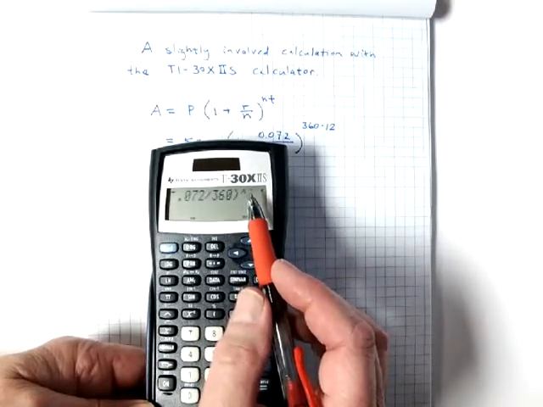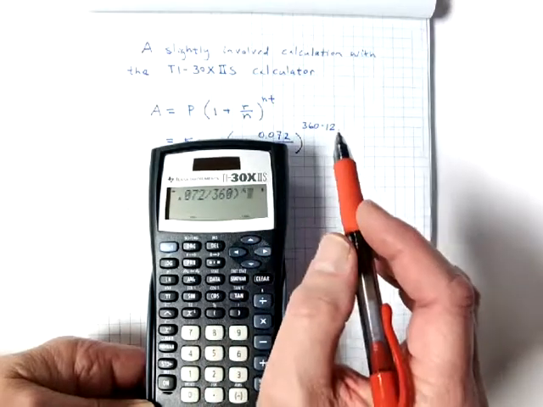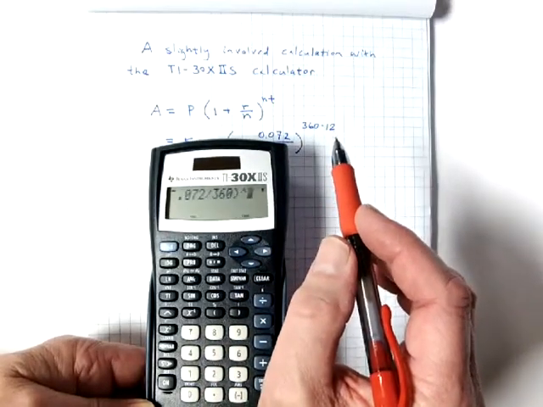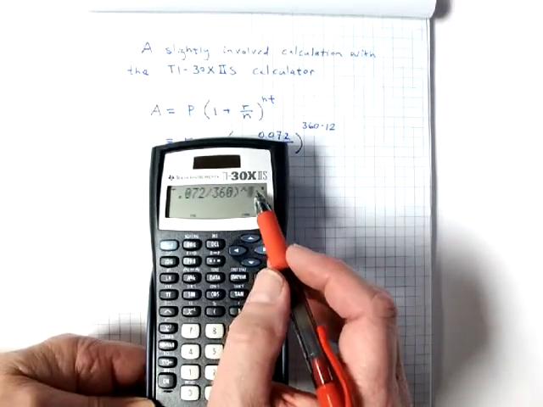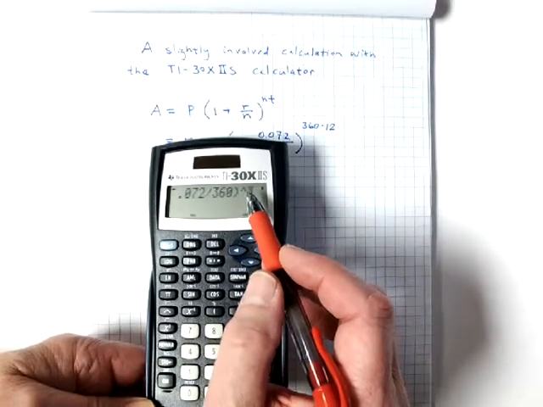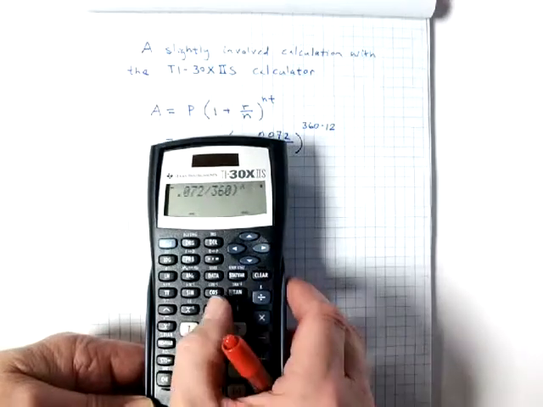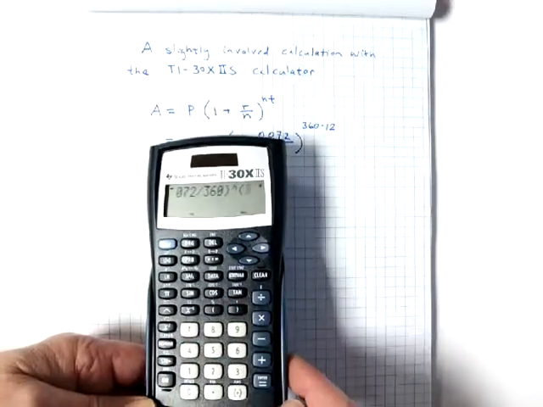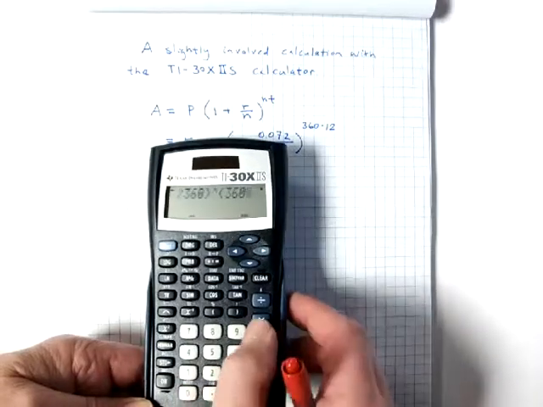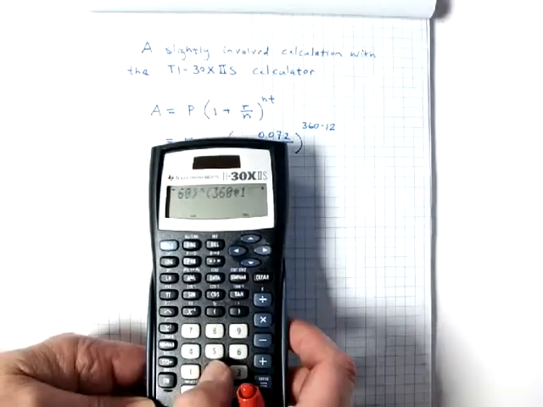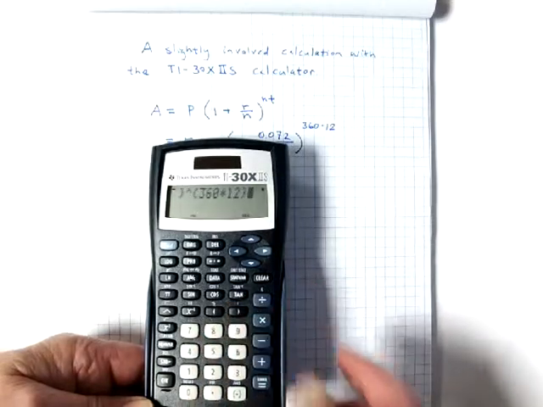It would not get the 12. So if I want the 360 to multiply the 12 before the exponent grabs them, I need to put that exponent in another set of parentheses. So 360 times 12, close the parenthesis.